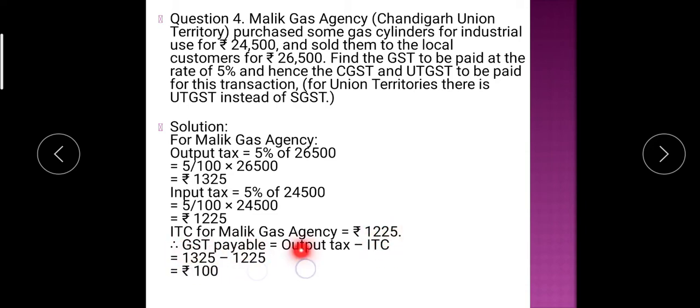GST payable is output tax minus input tax. Instead of writing input tax here, we use the word ITC, that is input tax credit. So 1,325 minus 1,225, so 100 rupees GST is payable to the government.